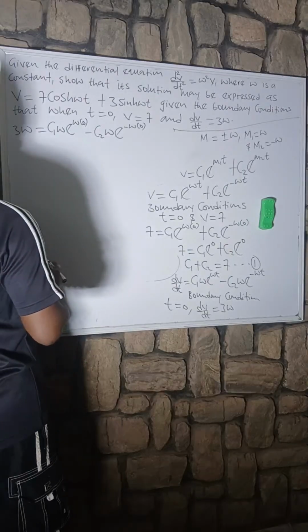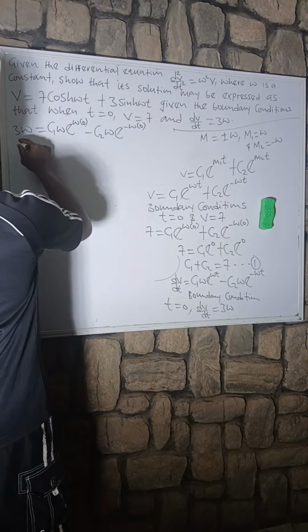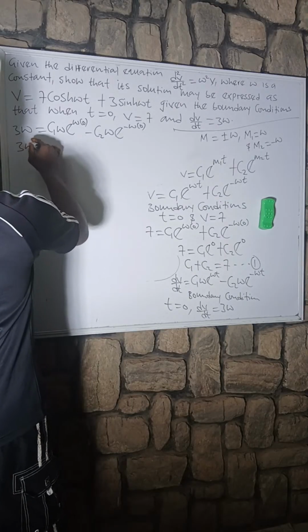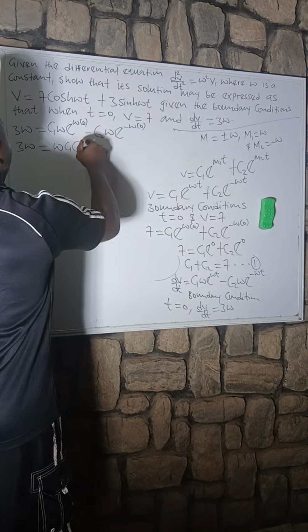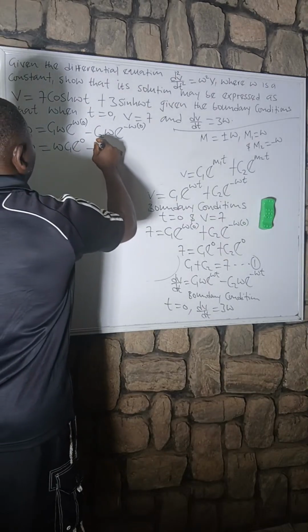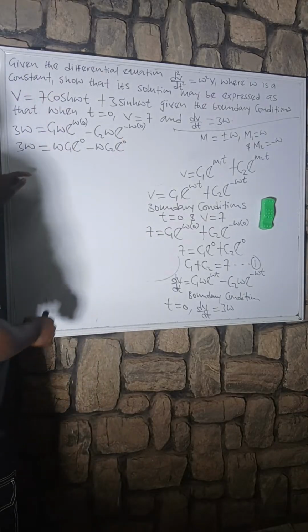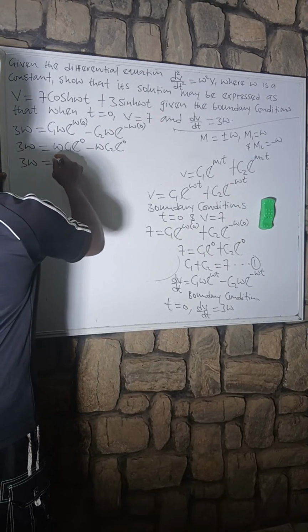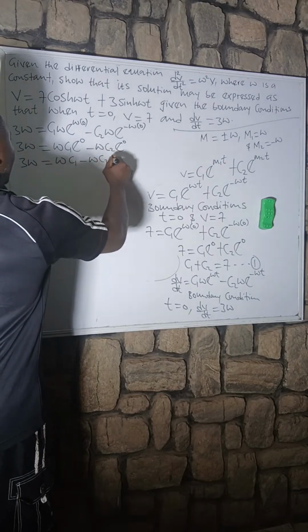So it means we are going to have, let's write it this way, 3 omega equals omega c1 exponential 0 minus omega c2 exponential 0. True or false? Then here will now be 3 omega equals omega c1 minus omega c2.